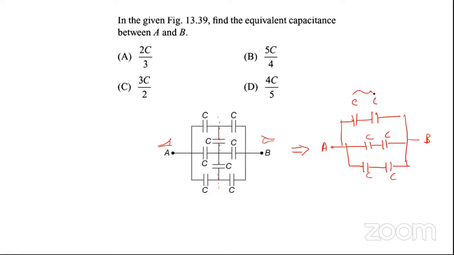This branch will become C by 2, and C by 2, and C by 2. And there are C by 2's in parallel, and there are three of them, so it will become 3 into C by 2. That gives us C as the right answer.